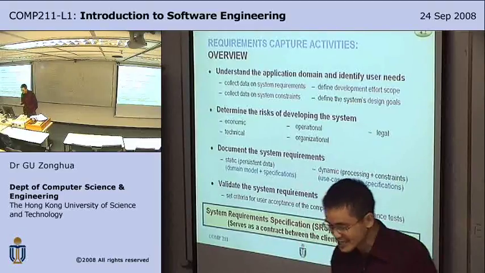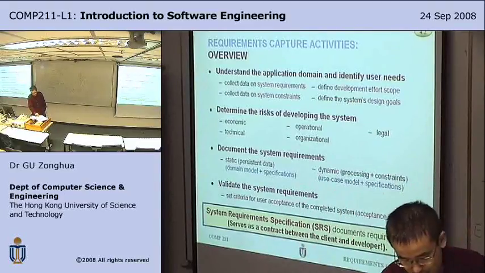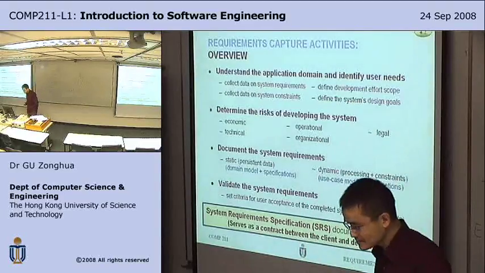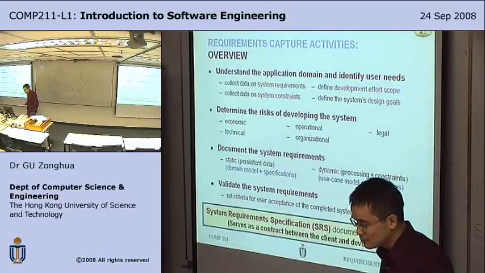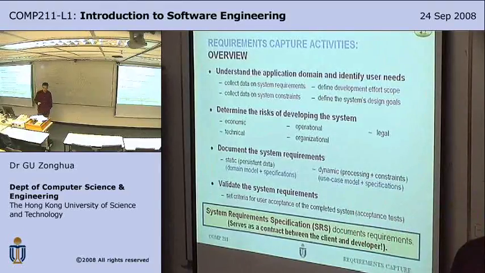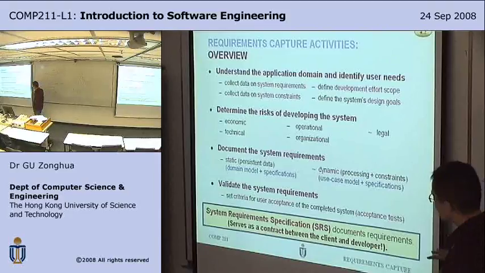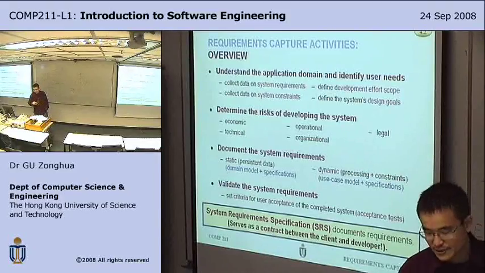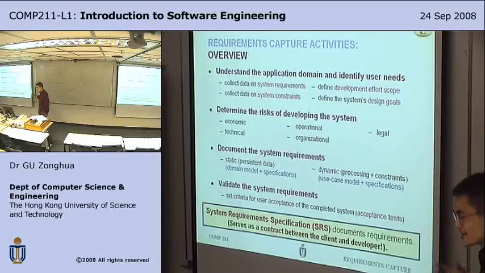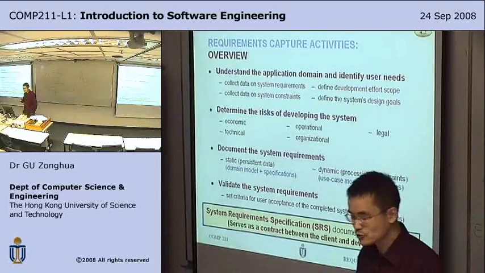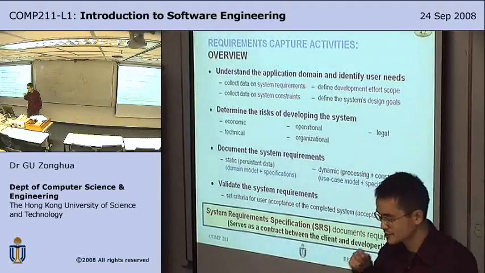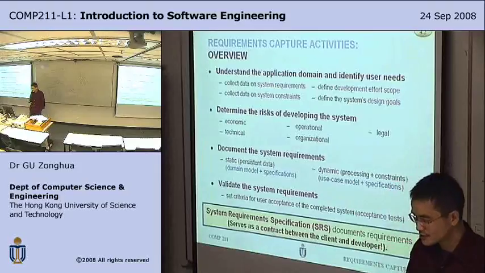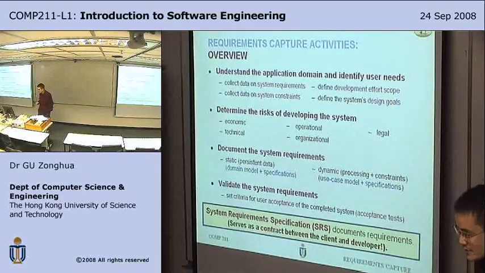Plus specifications and the dynamic model, that is the use case model. The static model is just the database lying there. The dynamic model is the active software system that operates on the database and does something real, like withdraw money or register for courses. So that's processing plus constraints.